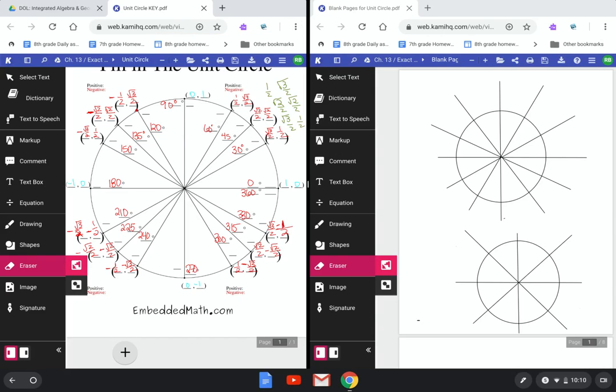I've erased everything on the circles to the right because I want to talk radians. What you need to know is if we start here and go all the way 180 degrees over, that's going to be a measurement of pi, which would make the whole entire circle a measurement of 2 pi.